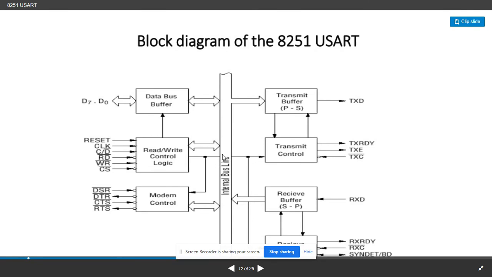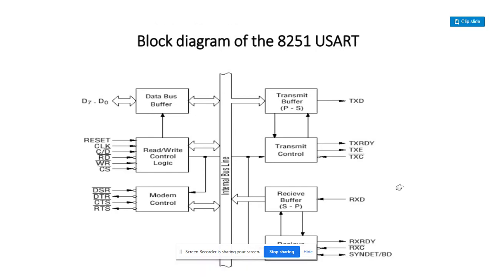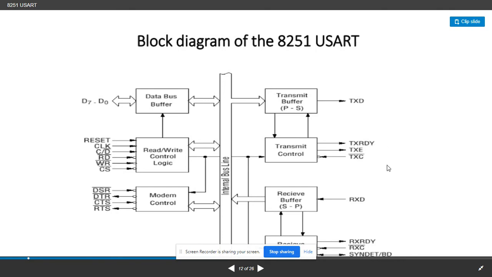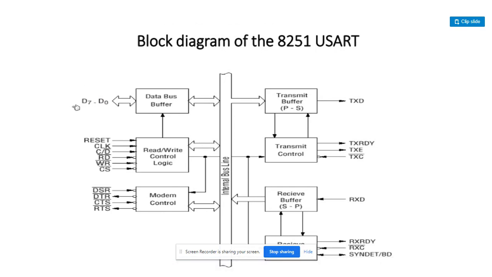Here is the block diagram of the 8251 USART. Here we see this is the section that is connected with the microprocessor or any processor, and this is the section through which it connects with any serial input-output device, a receiver or transmitter, that is in serial form. As we have seen in other peripheral interfaces, D0 to D7 is the data bus buffer, connected with D0 to D7 of the microprocessor.